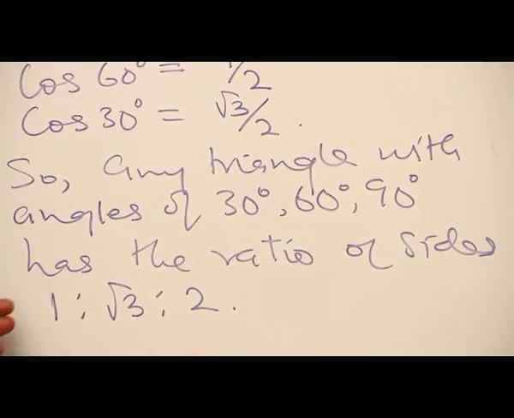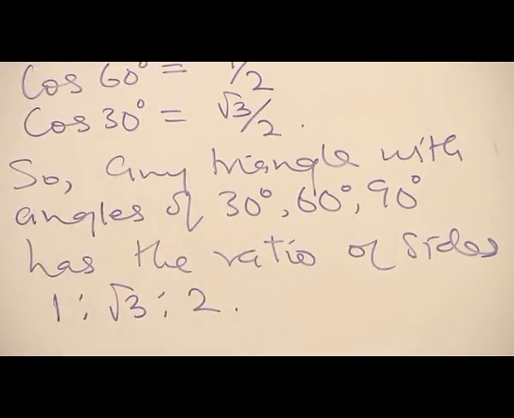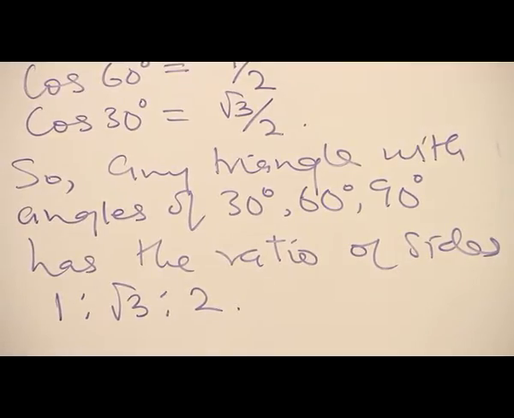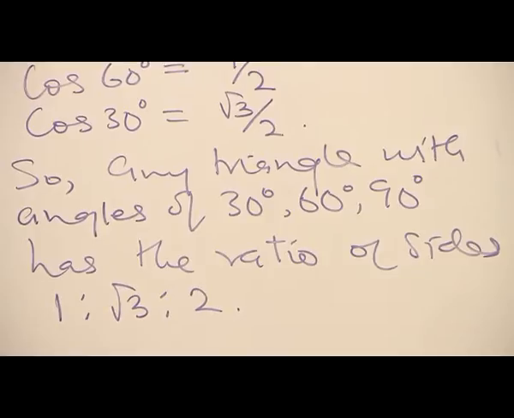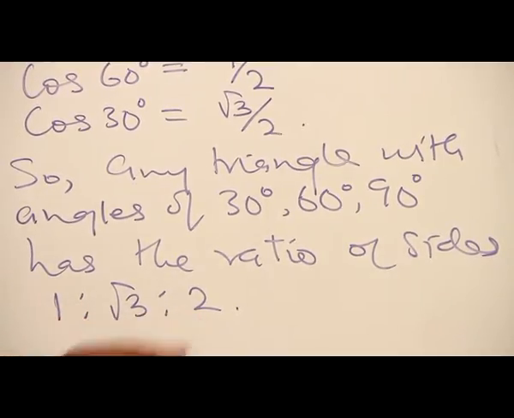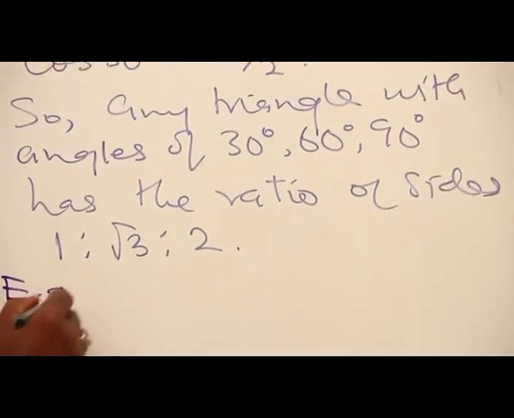These values are opposite the angles written over there. So when you have a triangle with these angles, then the ratio of their sides is 1 : root 3 : 2. 1 is opposite 30, root 3 is opposite 60, 2 is opposite 90 degrees, which is the right angle. We shall take a look at an example.